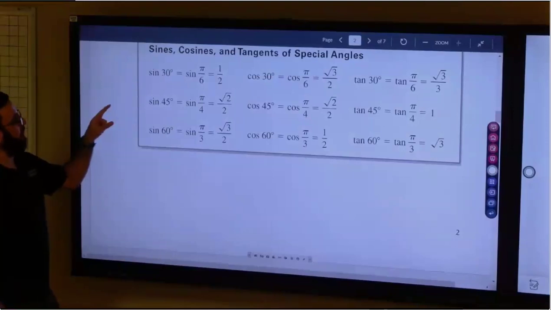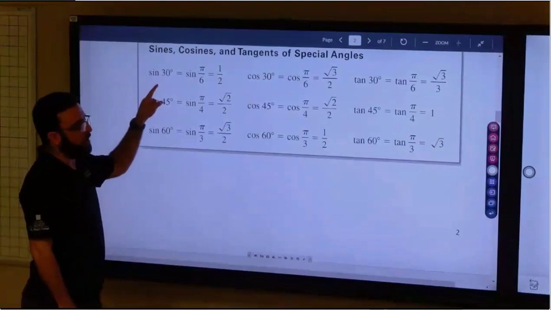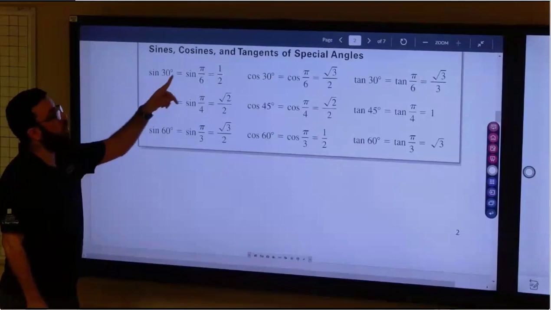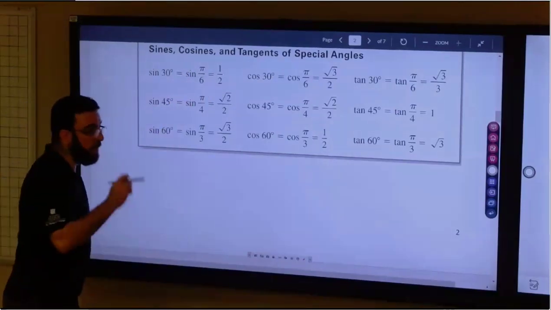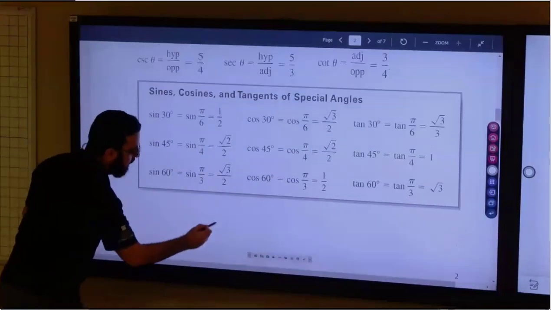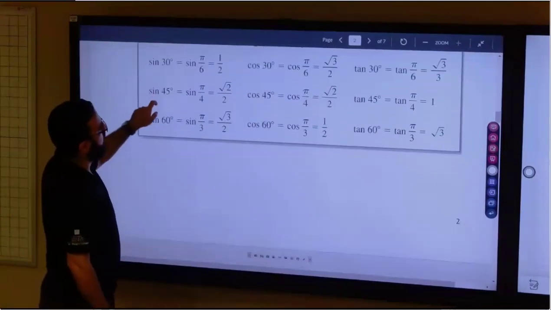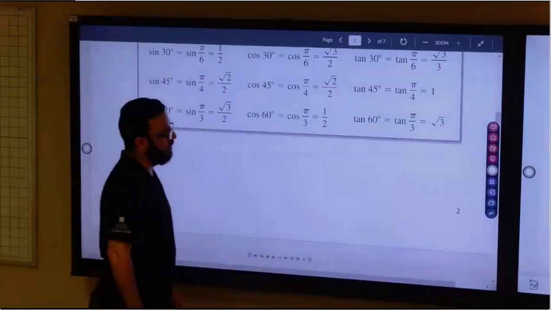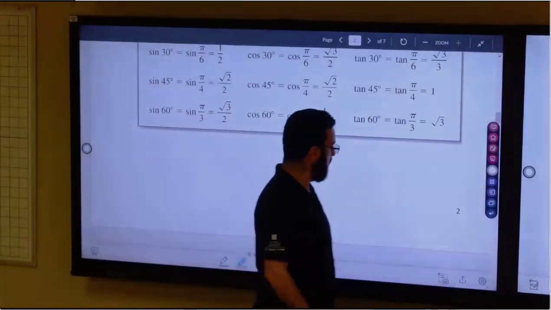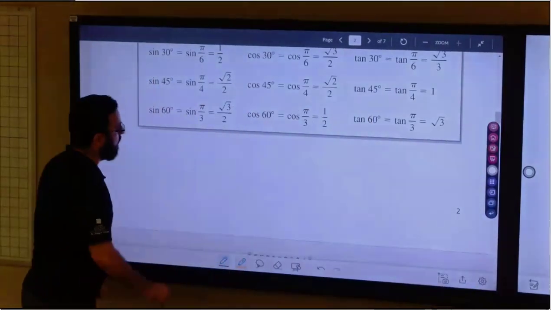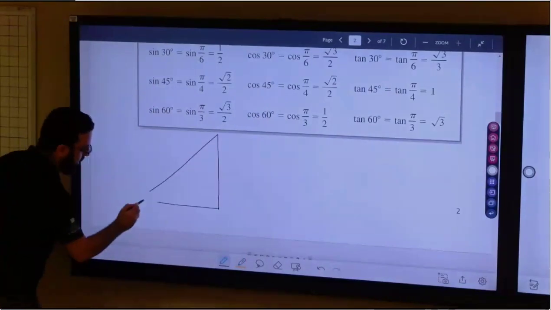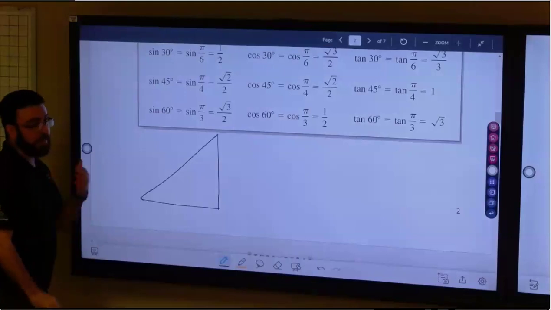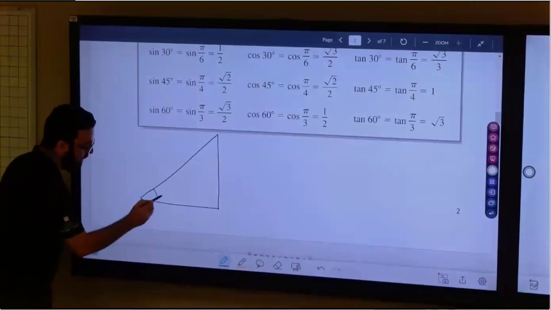So the first angle, check the sine. The sine for theta, which is 30, equals what? Half. So what I'm going to do is grab a small triangle here. Here is the angle.